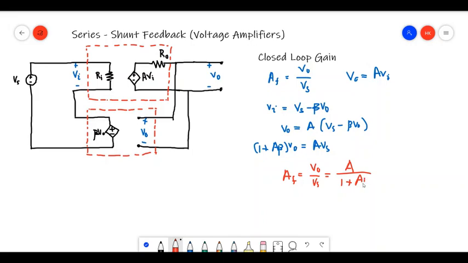This is the closed loop gain of a general negative feedback structure as well, right? So this is the closed loop gain of a voltage amplifier.